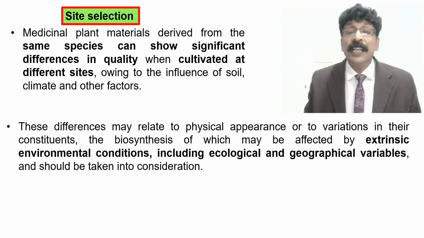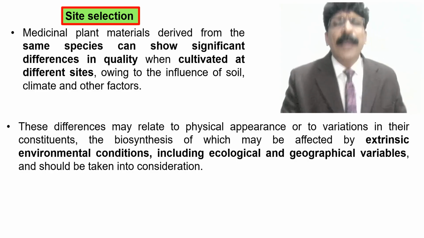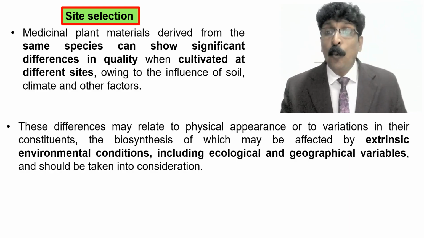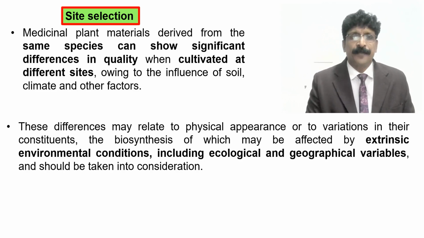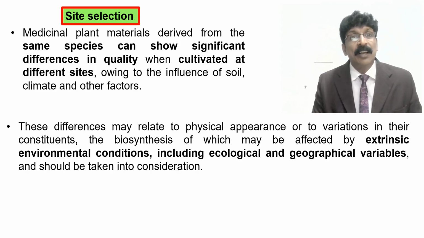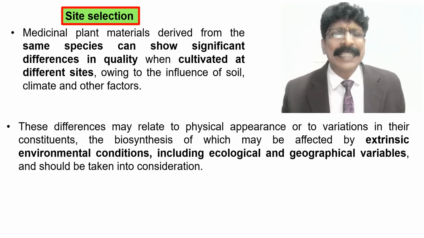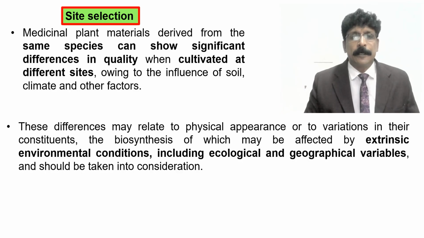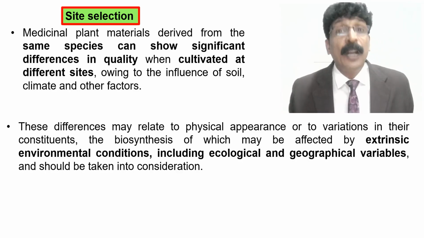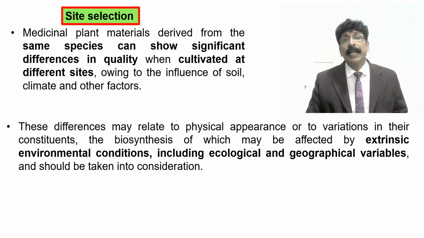These differences may relate to physical appearance or to variations in their constituents, the biosynthesis of which may be affected by extrinsic environmental conditions, including ecological and geographical variables, and should be taken into consideration.